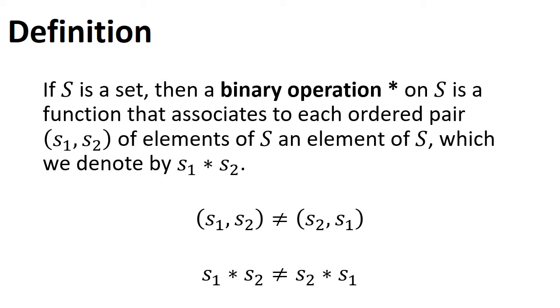So the symbol for binary operation is the star or asterisk, and we read it as star, and it denotes any other rule that is a function which associates an ordered pair to other elements of S. So, ibig sabihin, yung inputs mo for S1, S2, for example, magbibigay ng output na S3, which are all in the same set.